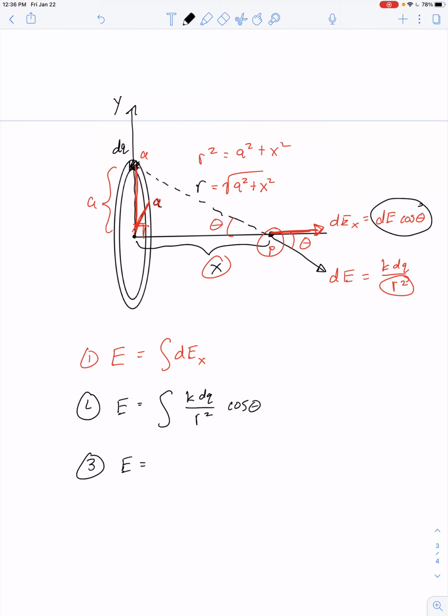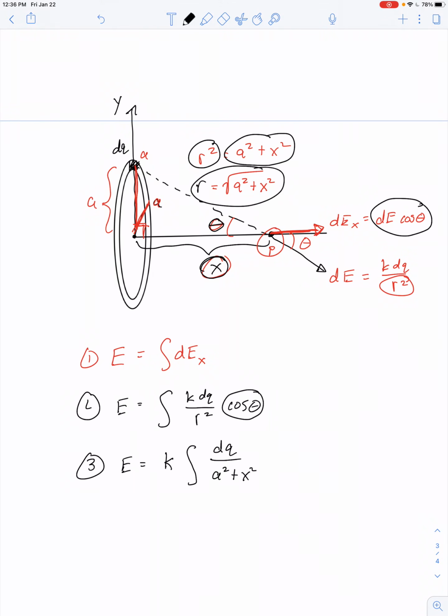So E is equal to, we can take the k out at the very least, k times the integral of dq over, let's substitute and replace r squared with a squared plus x squared. And what can we replace cosine theta with? Well, cosine theta is equal to adjacent over hypotenuse.